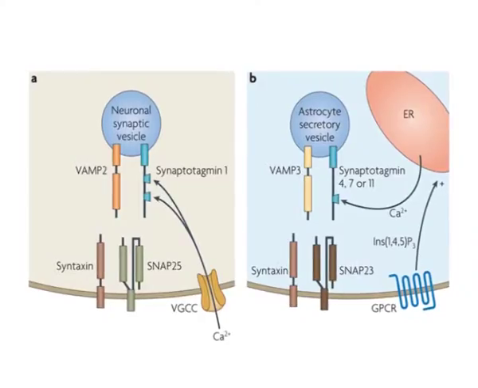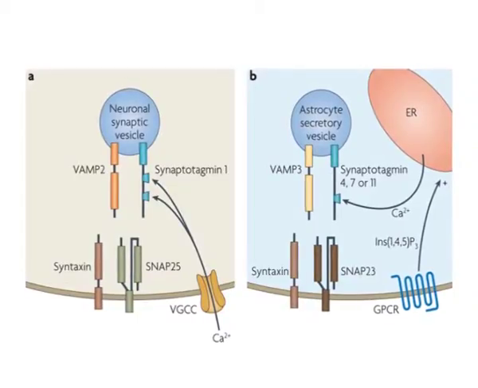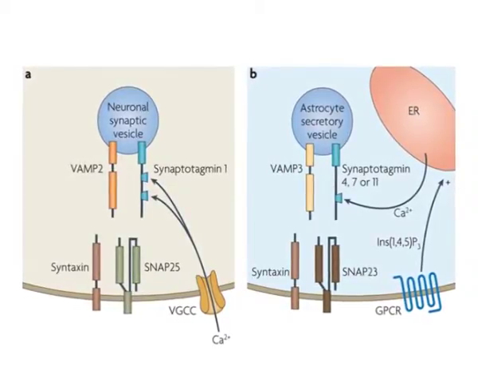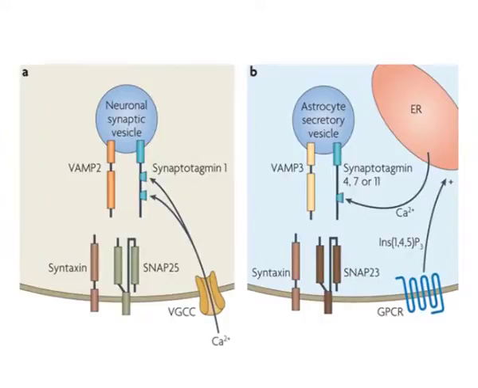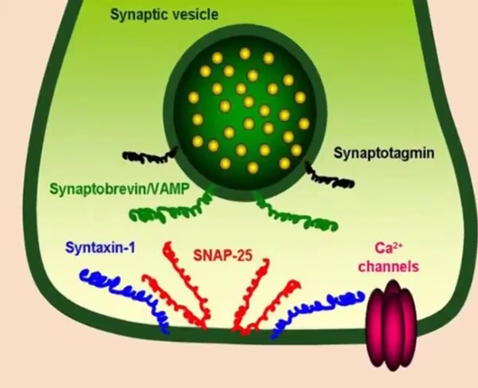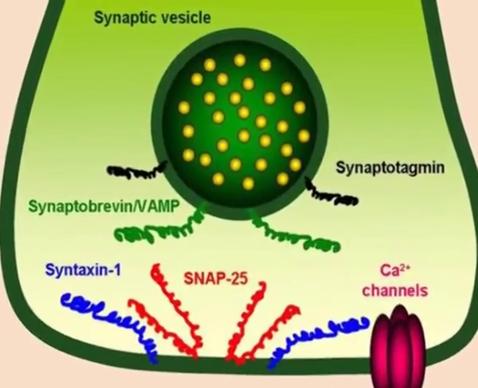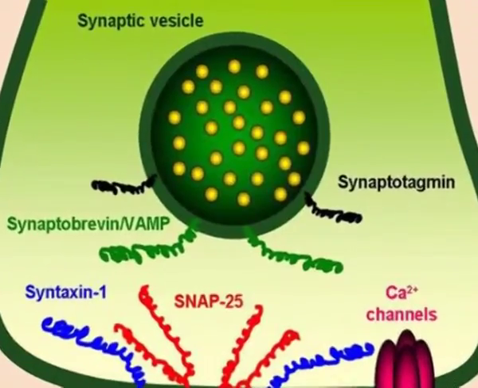This fusion process involves the interaction of specialized proteins of the vesicular membrane, that is VAMPs, termed vesicle associated membrane proteins, and the membrane of the varicosities, that is SNAPs, synaptosome associated proteins.